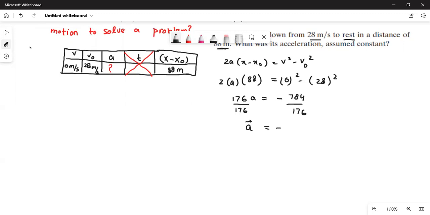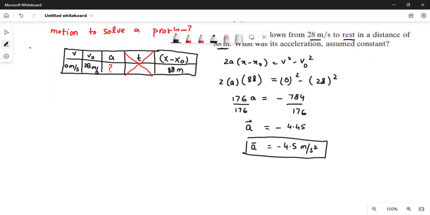So the answer is negative 4.45. Usually we write the answer in two significant figures, so I can round it. a is negative 4.5 and the unit is meter per second squared. So this is your final answer.